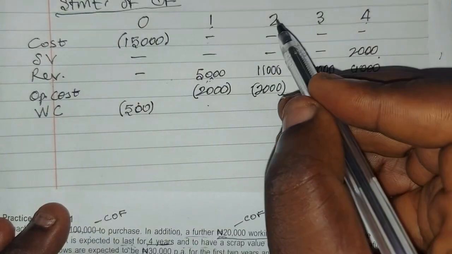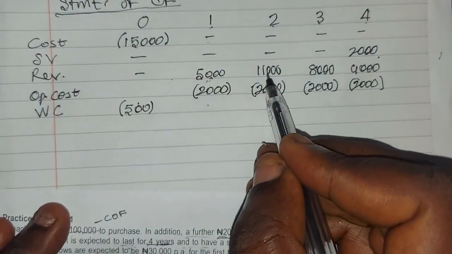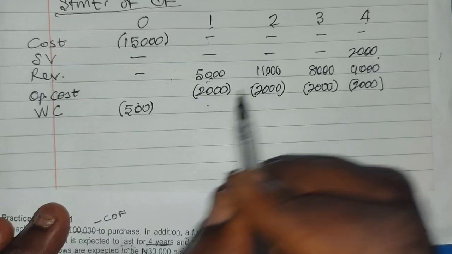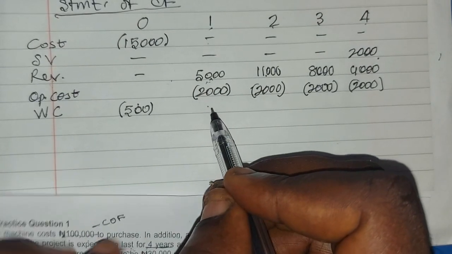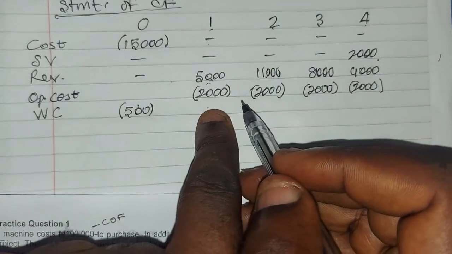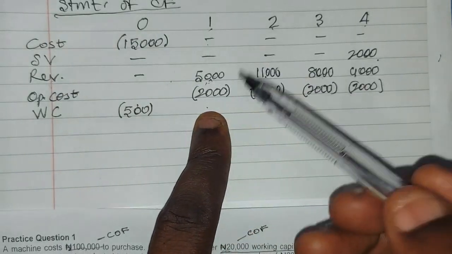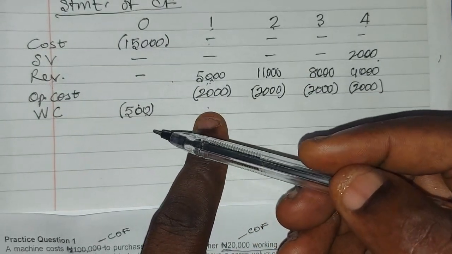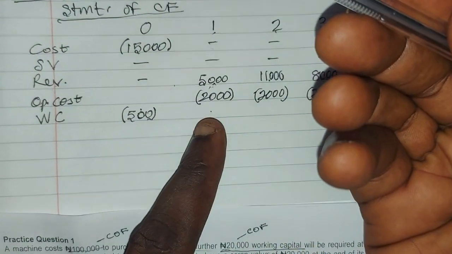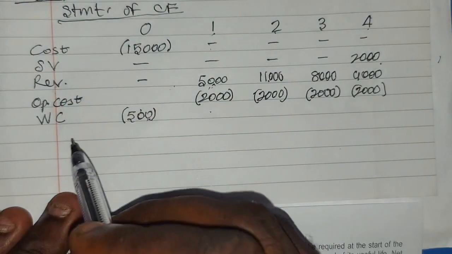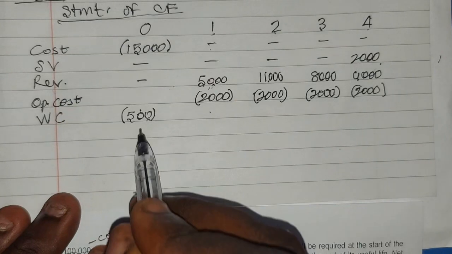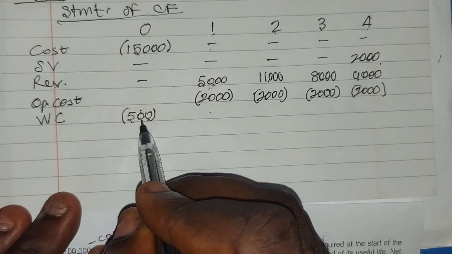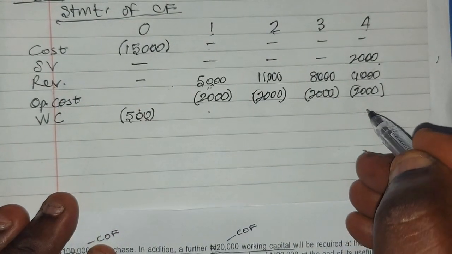Then year 2 is 10% of the revenue, but it must be ready before then. Are you with me now? Don't forget, we have already invested 500 and it has not been recovered. I told you in the first question, when working capital is invested in year 1, it will be recovered at the end of the project.